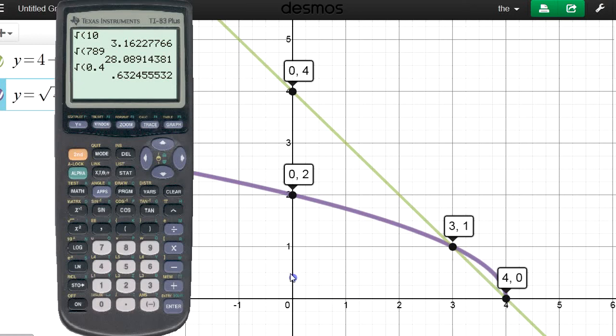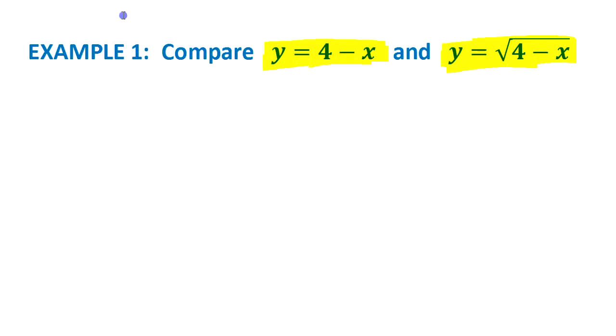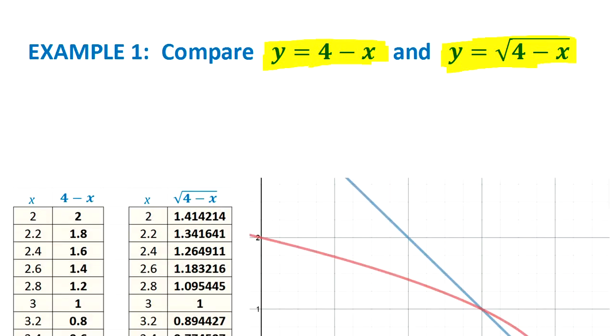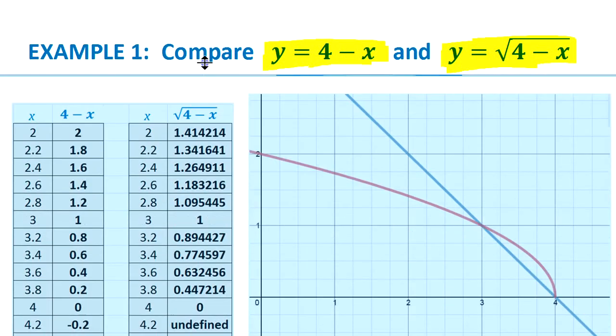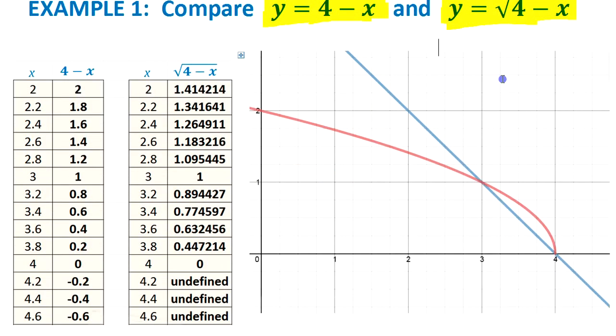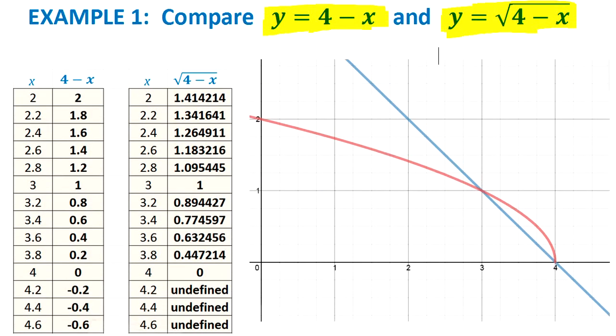So let's flip over to where I can write on this. And we can bring in a pre-made graph of this. Okay, so there's a table and the graph. Now the x values I used here are a little bit different so we can see what's going on, because I wanted to use some that were in between these values here. So I just went by 0.2 down here for the x values.